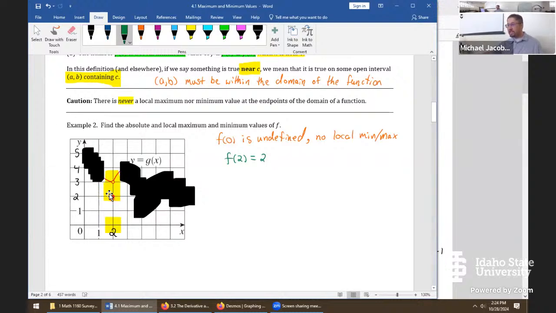This value of 2 is less than all the other values here on the left end and all the values here on the right end, and that's what makes it a local minimum. So f of 2 equals 2 is local. Oftentimes I'll write LOC for local and min. So that's one down. Let's reveal the function and just move on down to the rest.